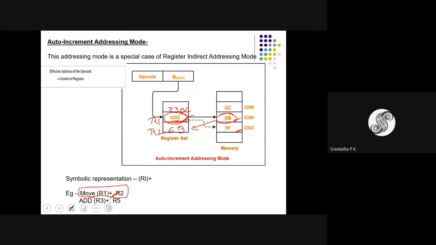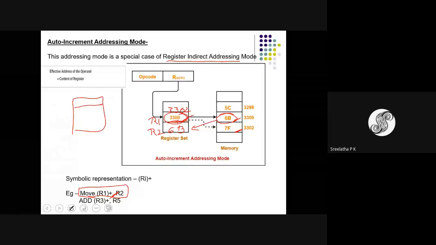So summation of this contents gives the effective address. Next is auto increment addressing mode. Whatever the instruction is there, that instruction is executed as usual. It is a register indirect addressing mode. Okay, but the register value is incremented in auto increment. Okay, coming to the second example here, it is add R3 plus R5.